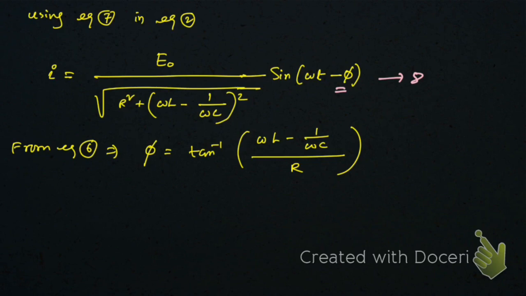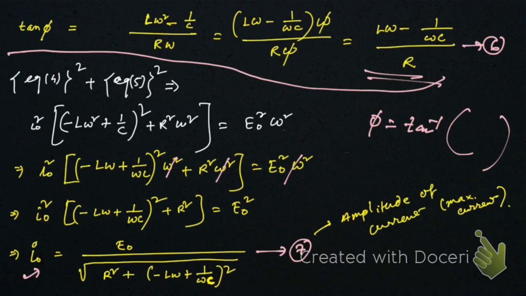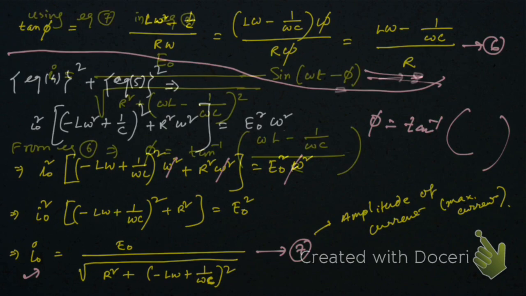And the value of I naught is going to give you the amplitude of current, or maximum current. So that's what you will get in this equation.